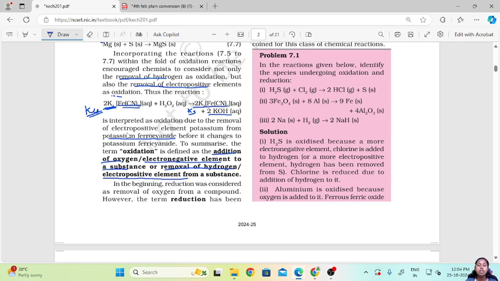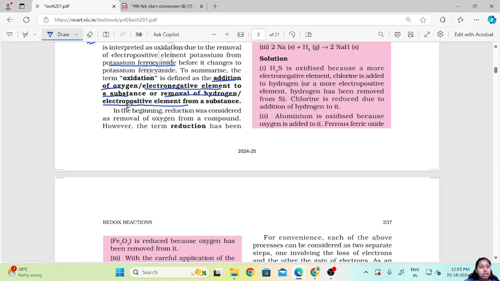Now in the beginning, reduction was considered as removal of oxygen from a compound.